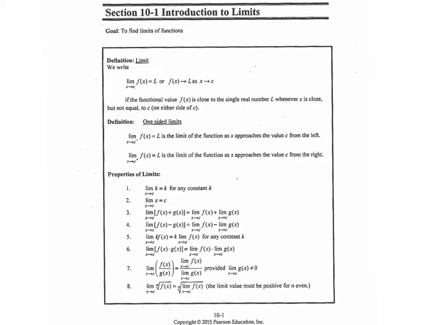You can find the limit of the top function and the limit of the denominator, and your limit would be their ratio as long as the denominator does not equal 0. Remember, that's important. And as long as you have a radical, it says that as long as the root is even, if you have an even root or an even index, then you can take the limit of that.